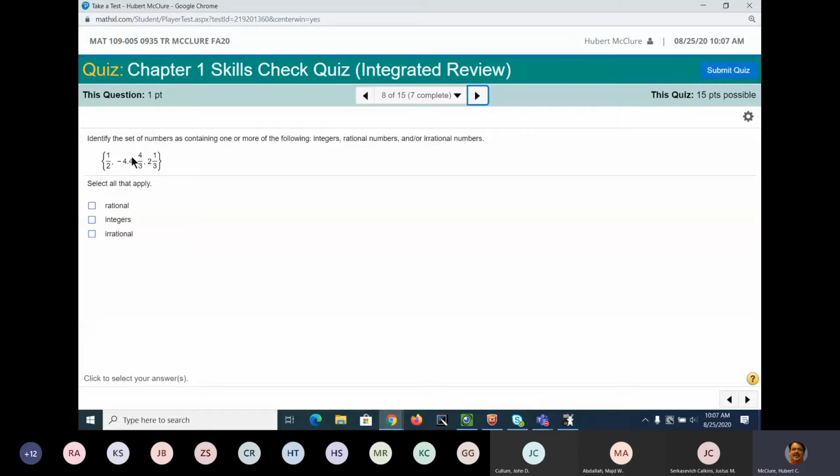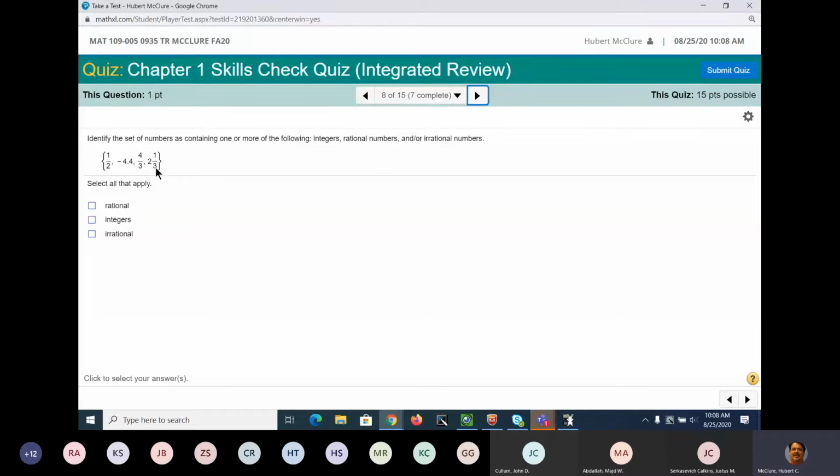Identify the number. Okay, now here we go. We got some integers in there, but in this case, what's 1 divided by 2? 0.5, so that's predictable. Negative 4.4 is predictable. 1.33 is predictable, and 2.33 is predictable.